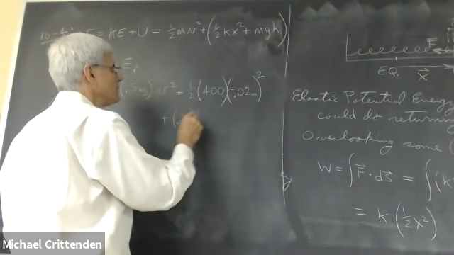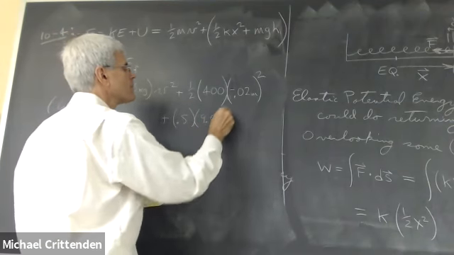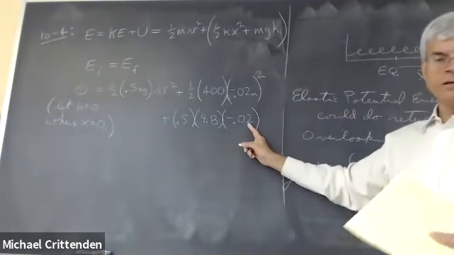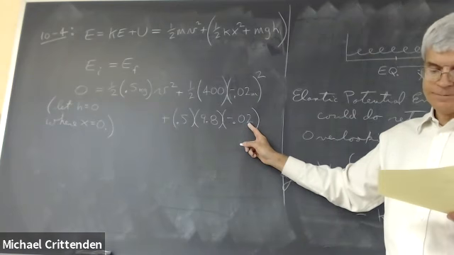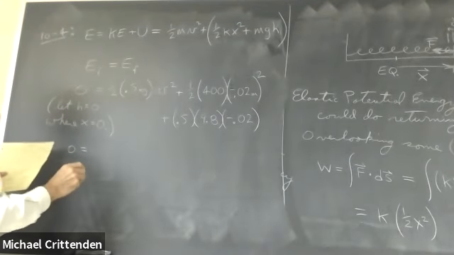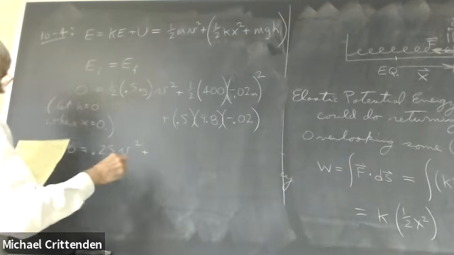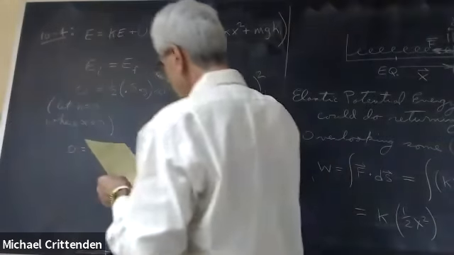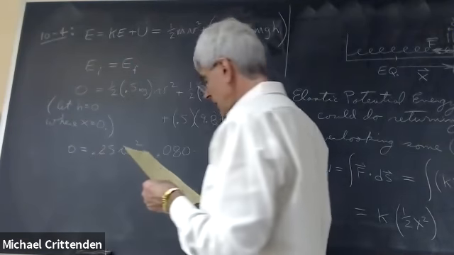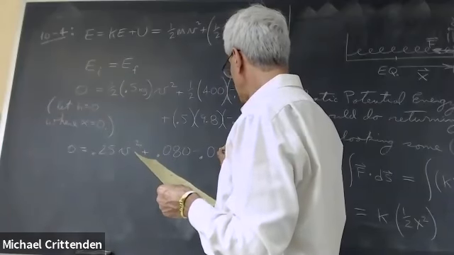Half a kilogram, this is the mgh term now, half a kilogram times 9.8 times 2 centimeters below the point where it started. And then there's some math. 0.25 v squared. The 1/2 kx squared term comes out 0.08. And the mgh term comes out 0.098.